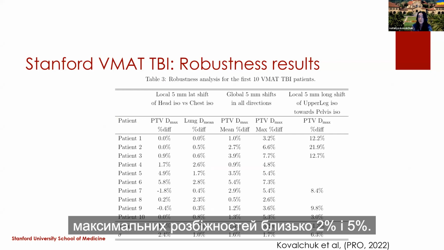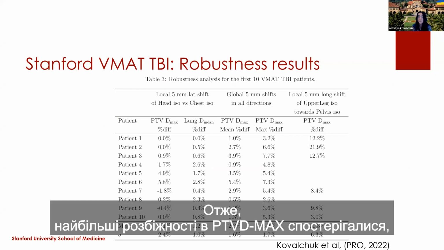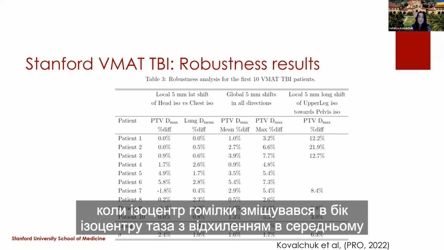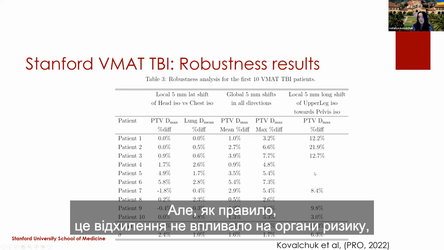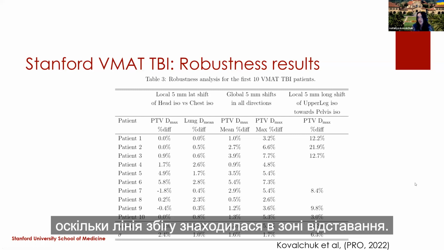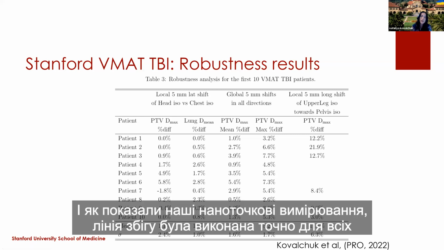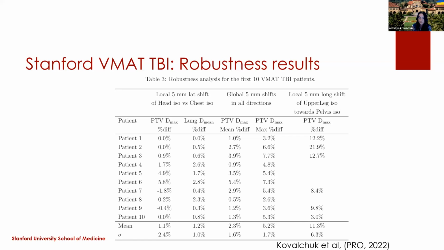But the greatest discrepancies in PTV D max were observed when upper leg isocenter was moved towards the pelvis isocenter, with a deviation around 11% on average, but a range of 3% to 22%. But there are usually no OARs affected by this deviation, as the match line was in the leg area. And as indicated by our nanoDot measurements, the match line was executed accurately for all our 35 patients.